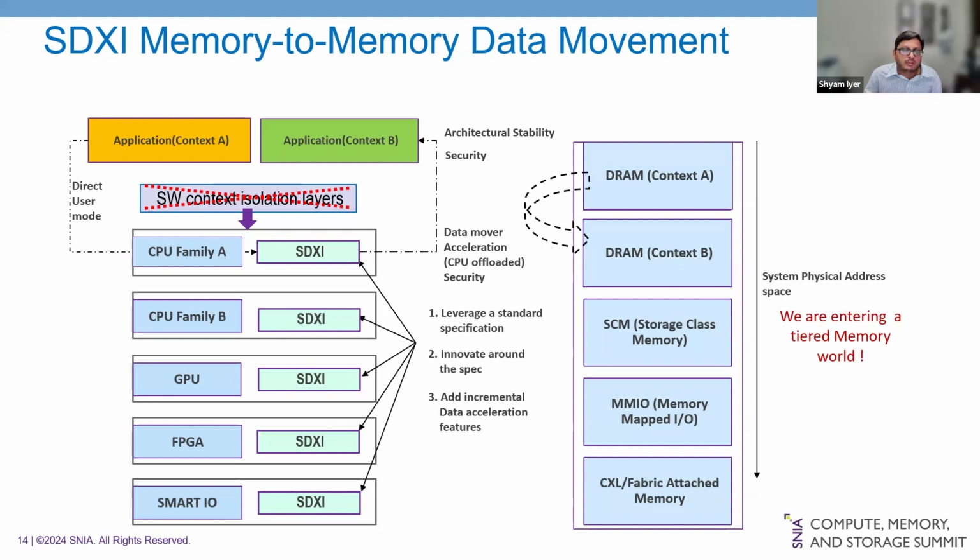It enables direct user mode access to the application, cutting down a lot of the software context isolation layers, providing the same architectural stability like instruction set architectures and security, as well as being able to perform data movement across different types of memory, effectively tiering them. And this allows us to leverage the same standard framework to innovate, to add additional incremental data acceleration features.